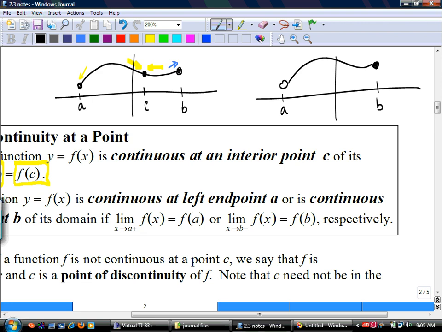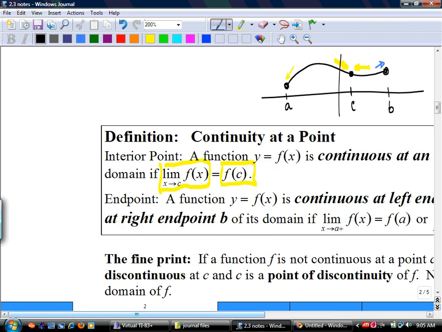B does have right endpoint continuity and A does not have left endpoint continuity. Correct? I know. Okay.